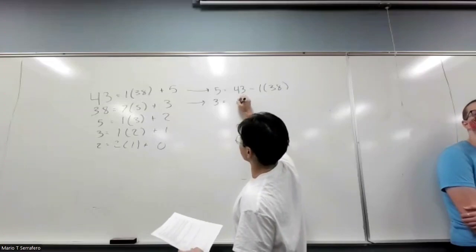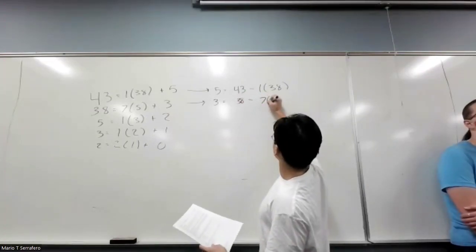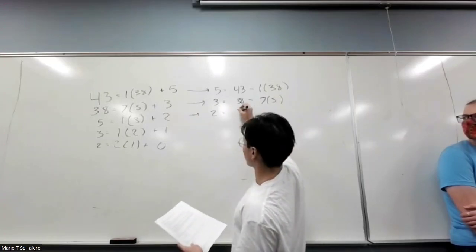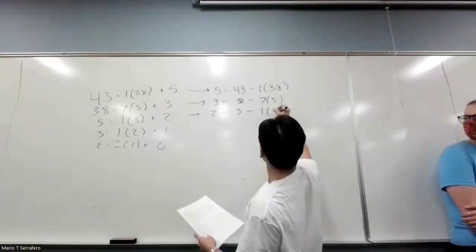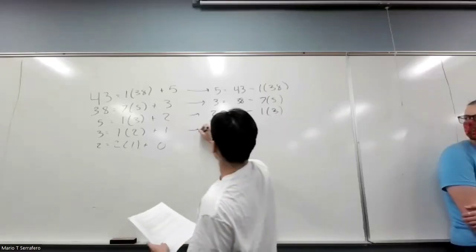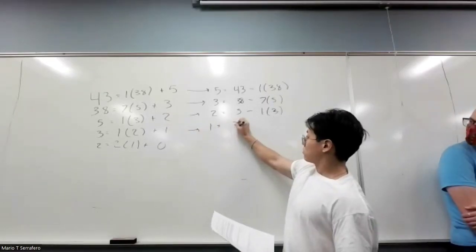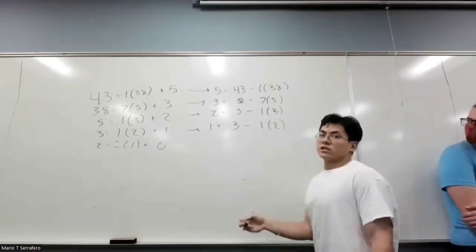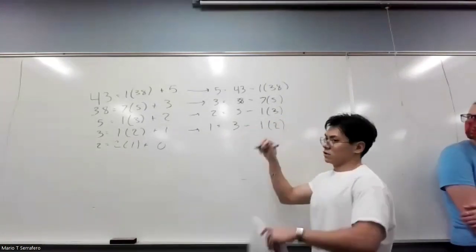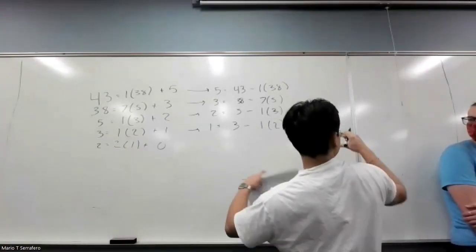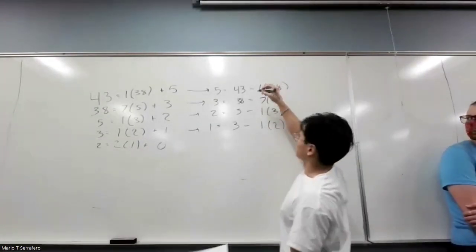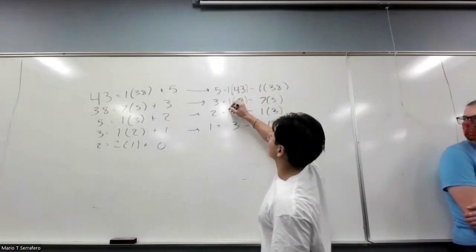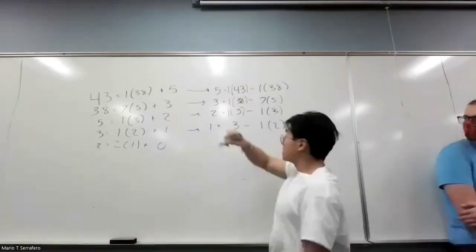So 3 is equal to 38 minus 7 times 5. 2 is equal to 5 minus 1 times 3. And then 1 is equal to 3 minus 1 times 2. You don't need to do this, but to make it easier to read when you plug in stuff, like linear combinations, I just like to write 1 times these values, and you'll see later.